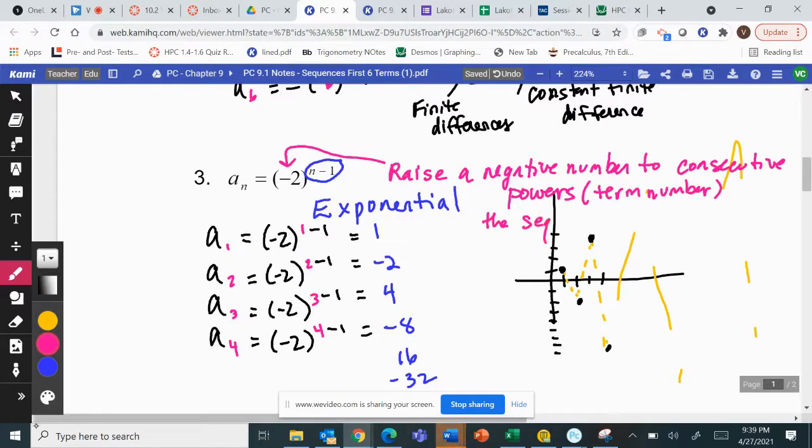The sequence will have alternating negative signs. And you can see that positive, negative, positive, negative, positive, negative.